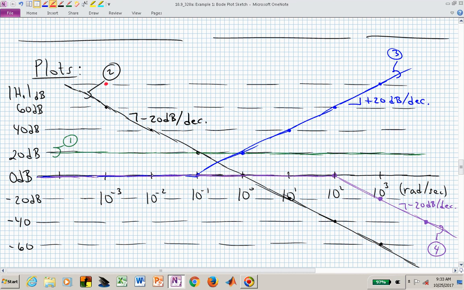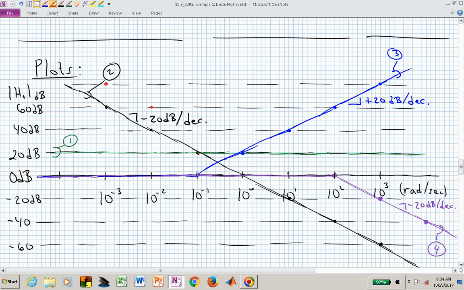At 10 to the minus 2, nothing else has happened other than we're sloping down the constant. So we have 20 from the constant, 40 from the slope. So we're at 60 dB, and we're sloping down. And we can then connect those dots. But let's go one more decade before we start having something changing in our slope.